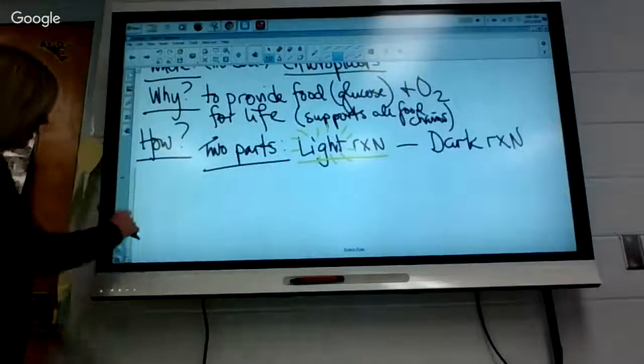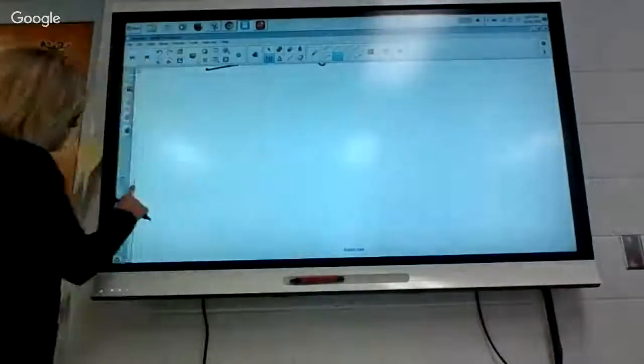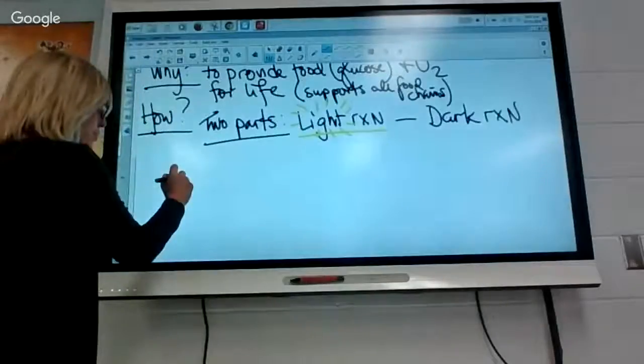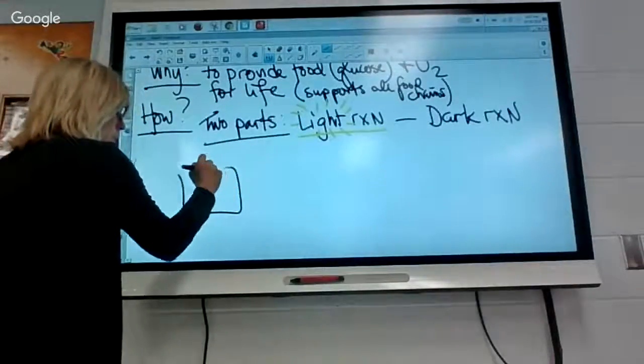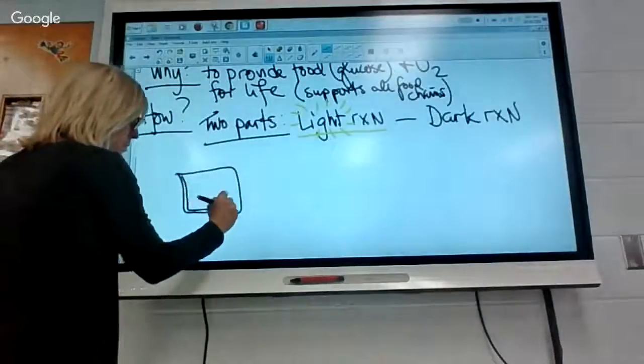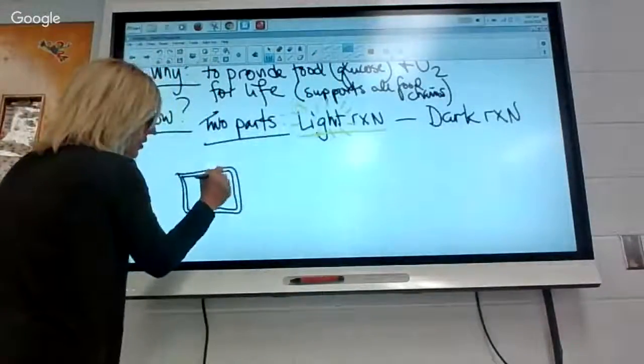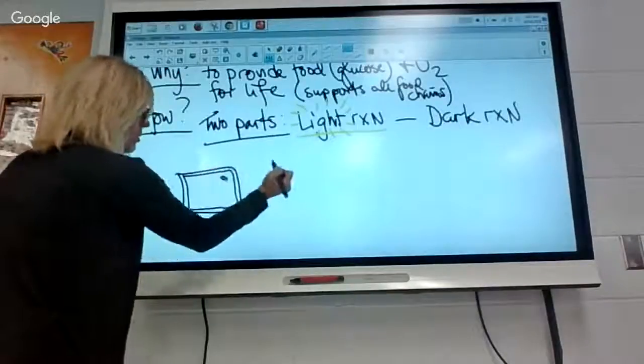All right, let's look at that chloroplast. Now, don't draw this. Do you remember on the microscope lab where you had a cell and then you have these little chloroplasts?